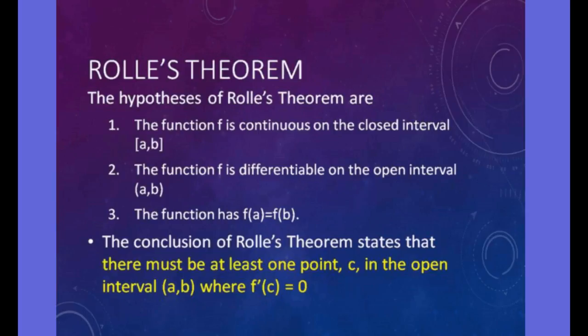So what's in yellow is actually not on your papers. So Rolle's theorem, again, it concludes that there is at least one point c in the open interval (a, b) where f prime of c equals 0, which basically means that the derivative has a tangent slope of 0.